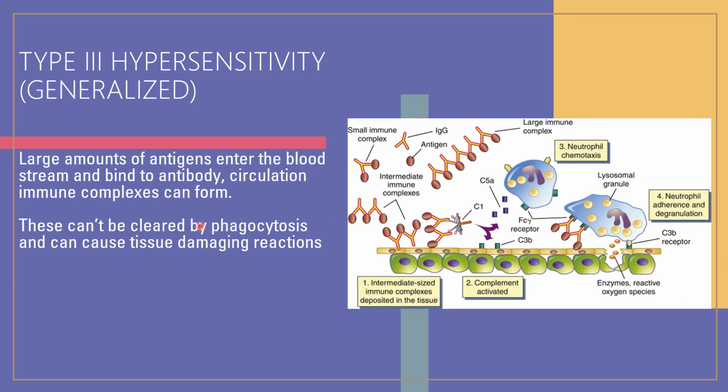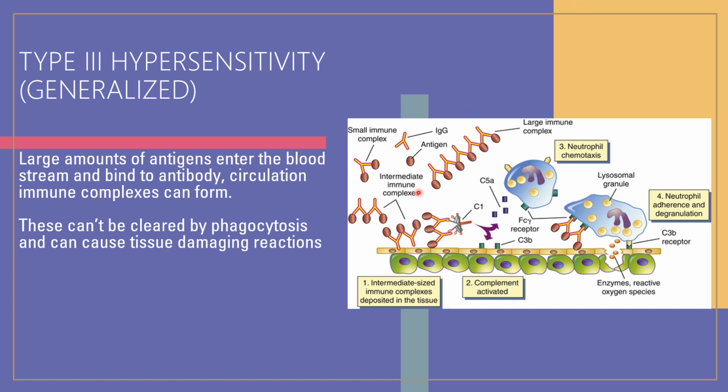We also have a generalized type of hypersensitivity reaction when a large amount of antigens will enter the bloodstream and bind to antibody. So there are a large number of immune complexes that will circulate all throughout the immune system. So that cannot be cleared by phagocytes and thus will result in tissue damaging reactions.